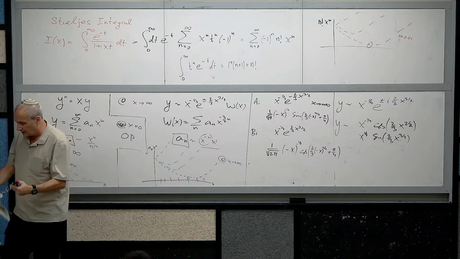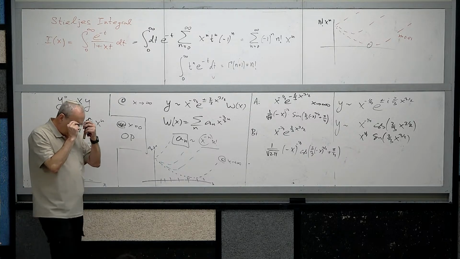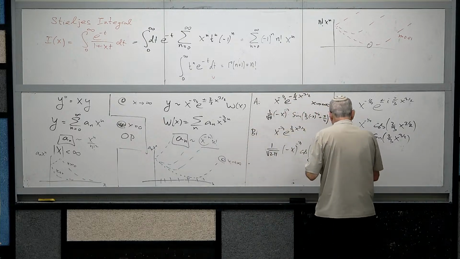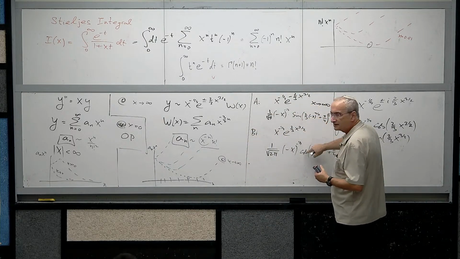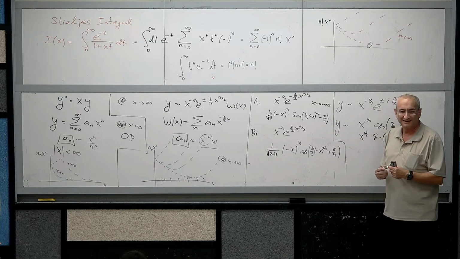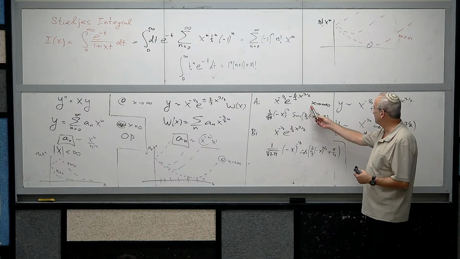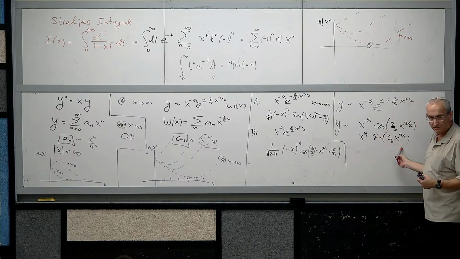Okay, so this is the behavior of the Airy and the Bairy. We are going to specifically need these functions later on, but all I want to show you is that it goes exactly like this.